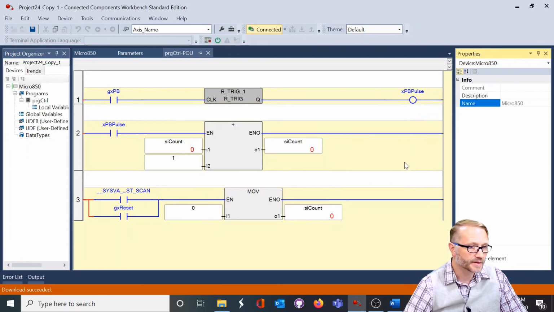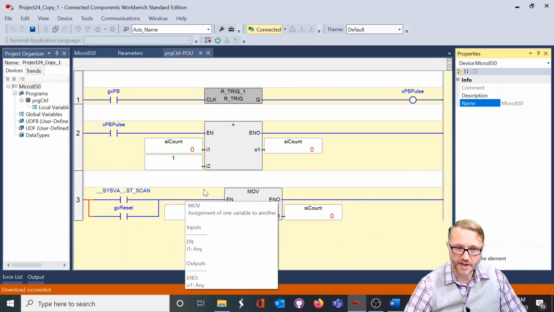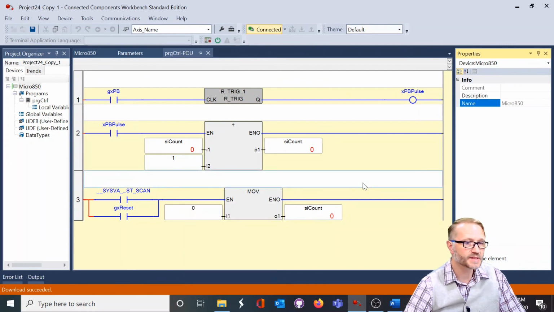The adder will add 1 to this thing called short integer count. Remember, short integer only has a width of 8 bits. The result is stored in short integer count. You could think of this as a read, modify, write operation.